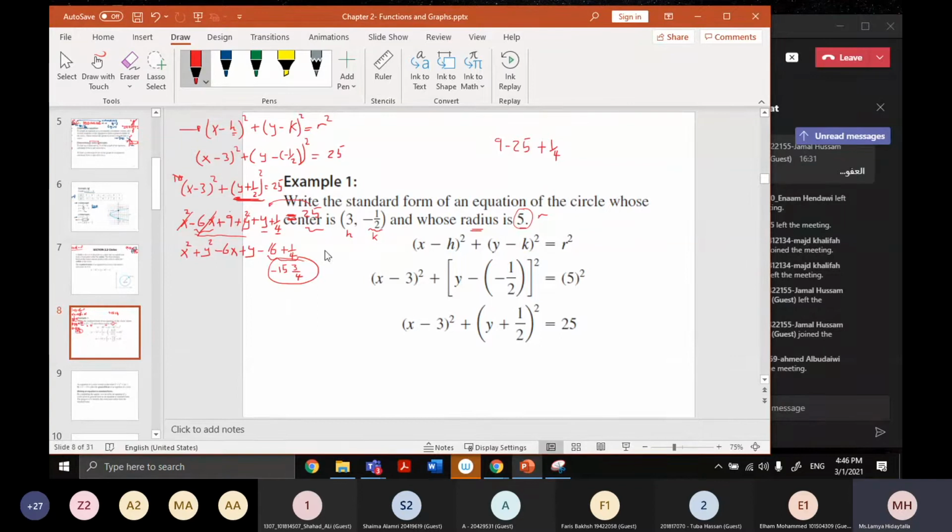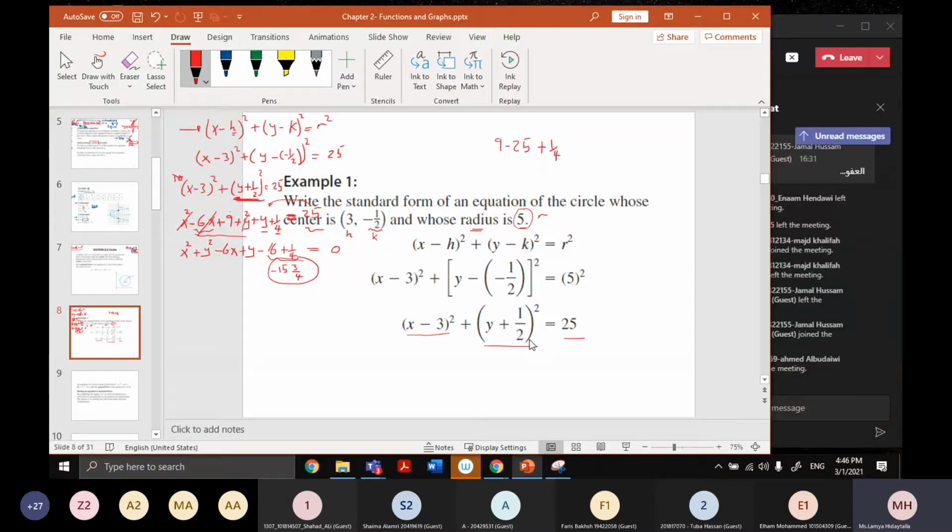See my equation, and this side is equal to 0. Whenever you find something like that, immediately you will know that this is an equation of a circle.